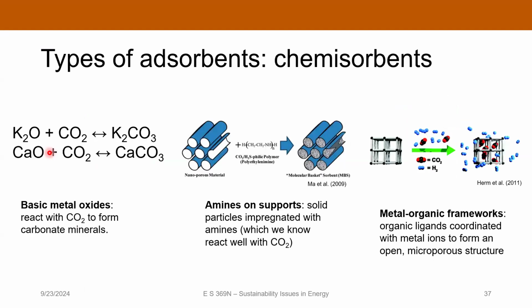And then the other type of sorbents are these chemisorbents. There's a lot of different interesting things that you can do. Anything from a basic metal oxide where you can get just the chemisorption on the surface. You can take amines and put them on nanoparticles or nanorods, that sort of thing. So you can get solid chemisorbents which have amines in them.